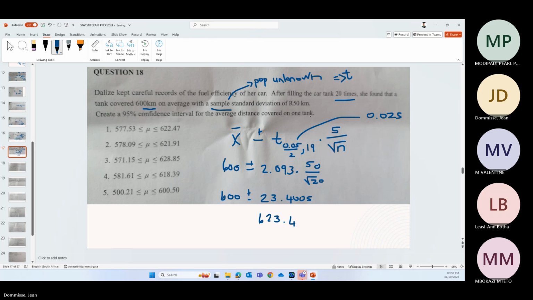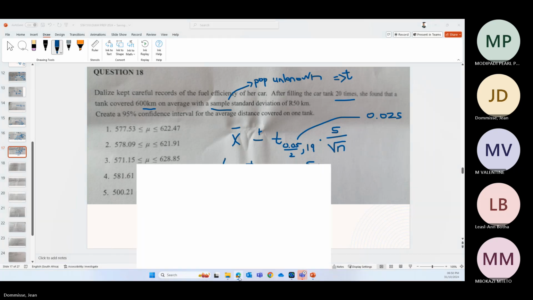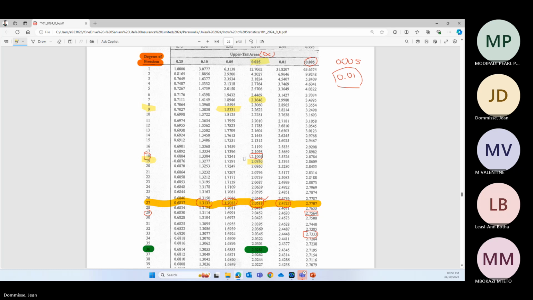Let me just check something. I just want to check.